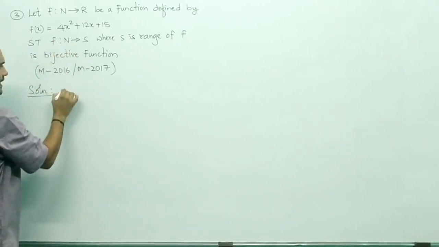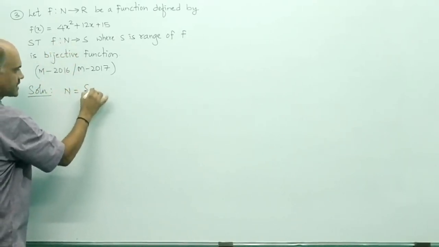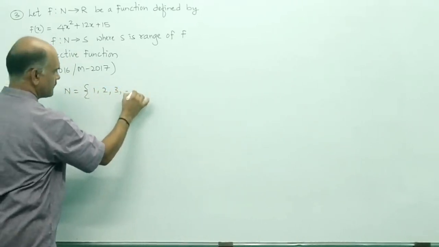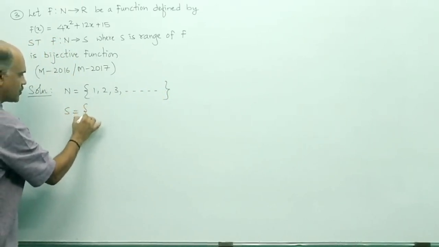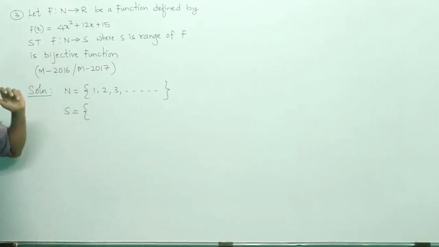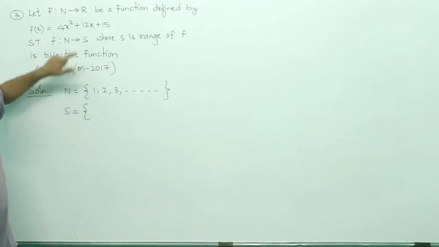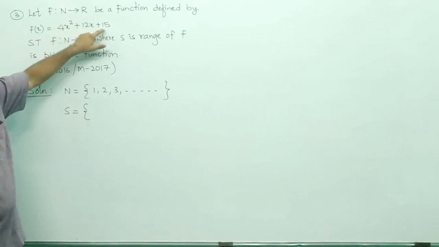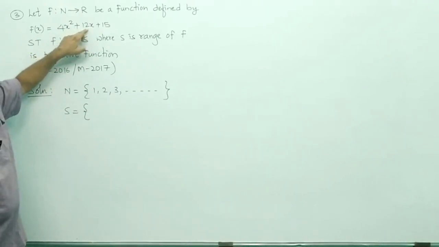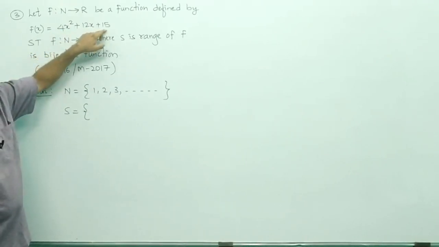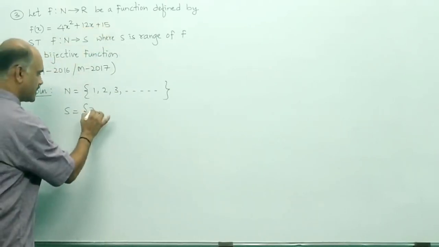So if I take N as the natural numbers 1, 2, 3, 4, and so on, S is the range of this function. It means if you put x equal to 1 in this quadratic term, you will get 4 plus 12, 16, 16 plus 15 is 31.